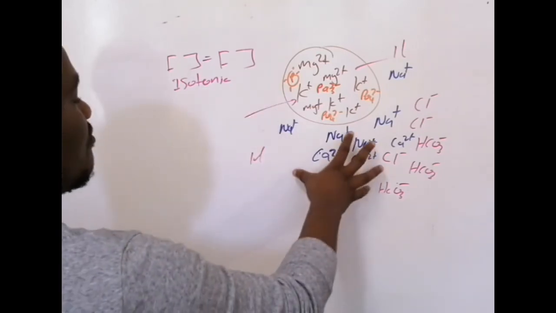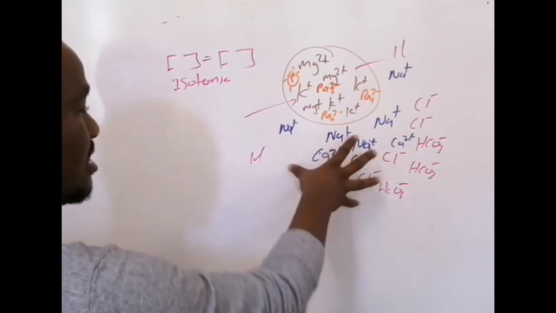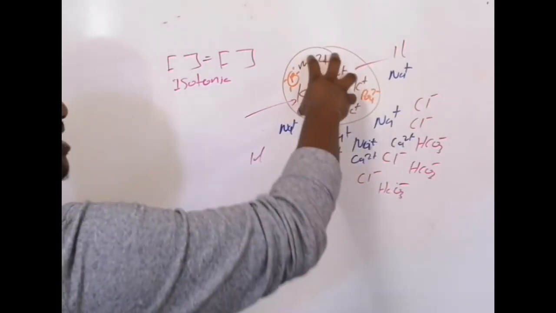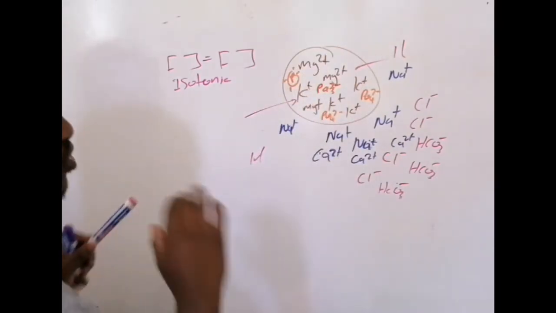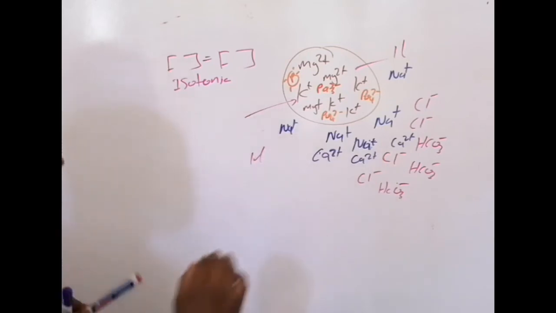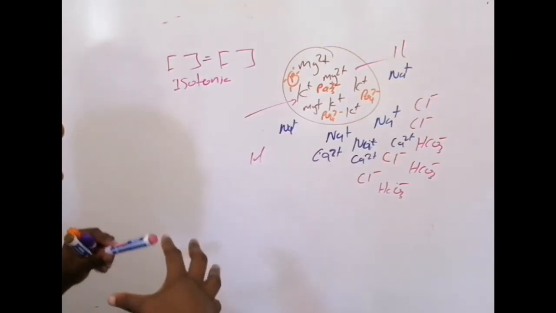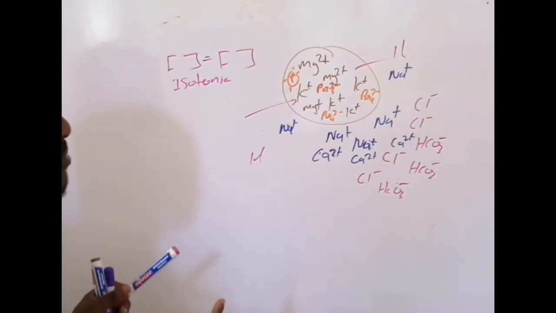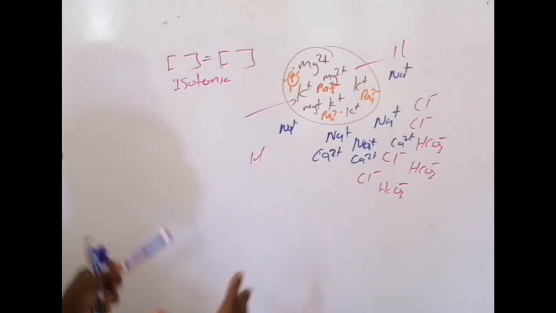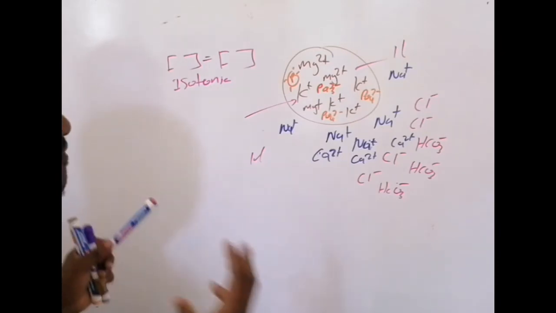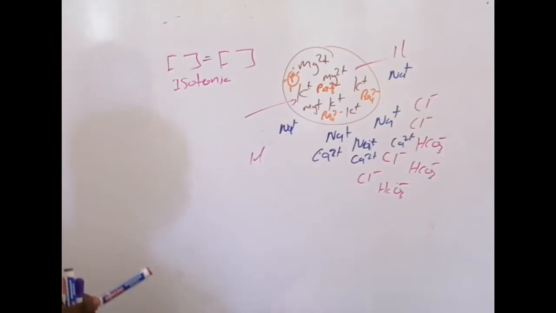The minute you've got a higher concentration this side, then water will be pulled out. The minute you've got a higher concentration inside, water will be pulled in. You don't want that. That's why you must keep your intracellular solutes constant, and also keep your extracellular solutes constant to prevent a net movement of water. I can't over explain that. I'm going to leave it there.